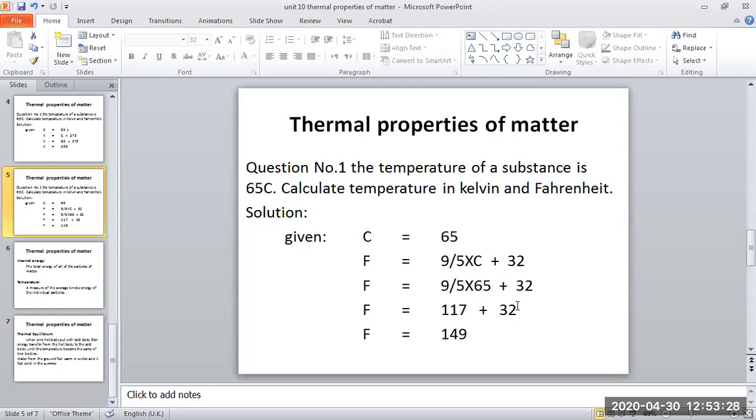Then you add 32 and your answer is 149. Whatever value he gives you, you must remember and memorize these formulas, then you can calculate any scale, whether he gives you Kelvin, Celsius, or Fahrenheit.